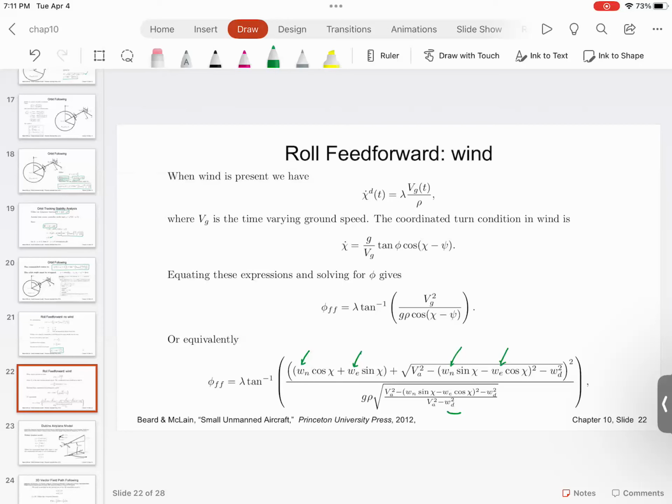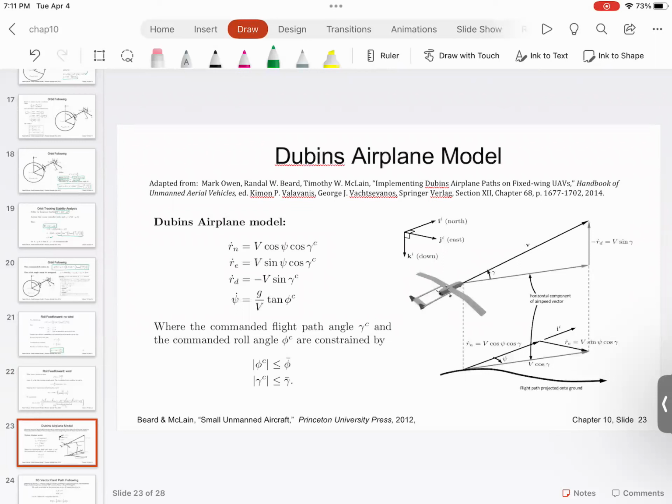But at the end of the day, what that means is if you want to achieve a controlled, coordinated turn, then you need to control the yaw and you need to control the roll. So that is what it is. Now, the next part is this Dubins airplane model.